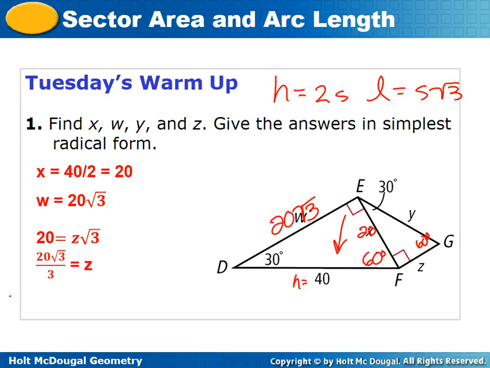So that means that this short leg down here is going to be 20 square root of 3 over 3. Now, when we multiply the short leg times 2 to get the hypotenuse, we multiply 2 times 20 square root of 3 over 3. That gives us 40 square root of 3 over 3. That's how we solve for all the parts of this 30, 60, 90 triangle for both of them.